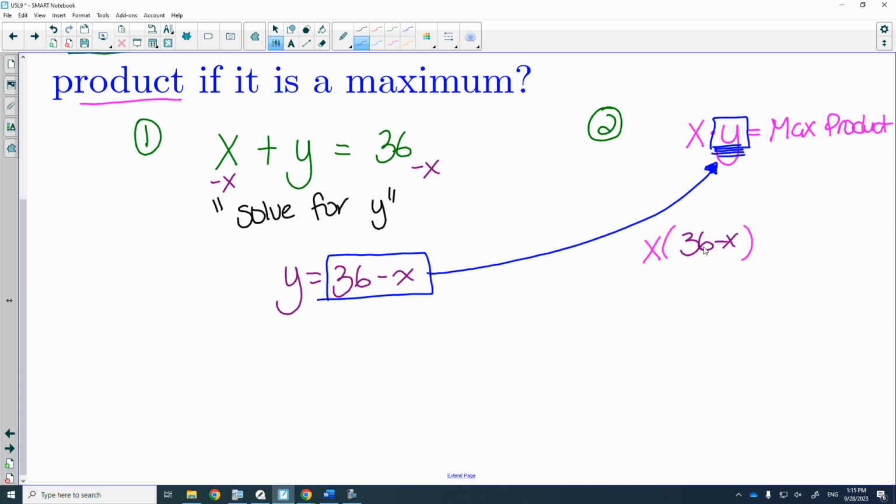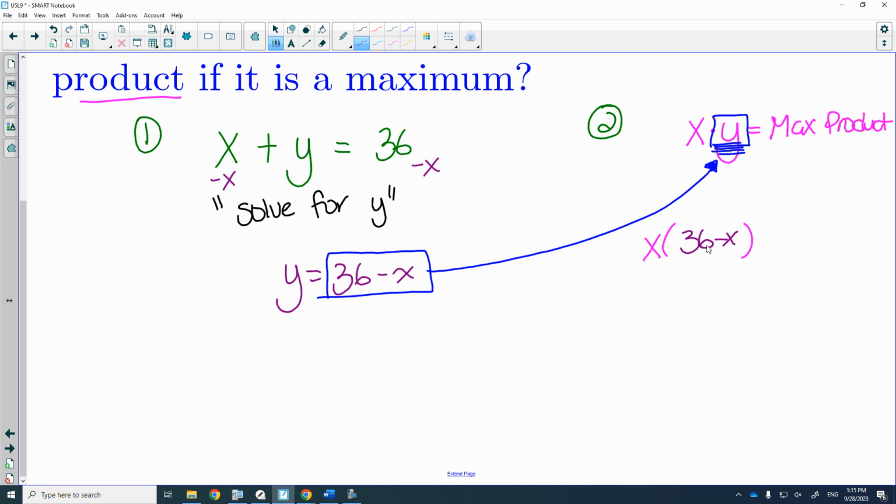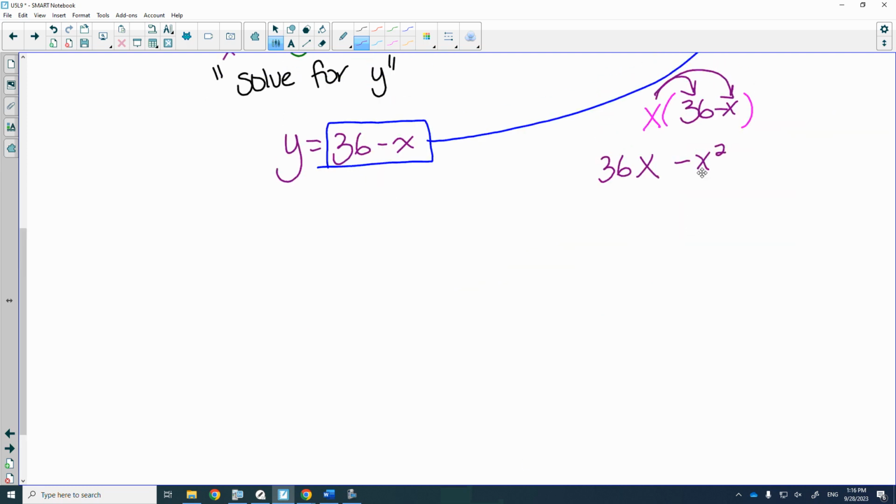Let's expand this. And we're going to get 36x minus x squared. Let's rewrite this in descending order of x. So let's just rewrite this like negative x squared first, plus 36x.